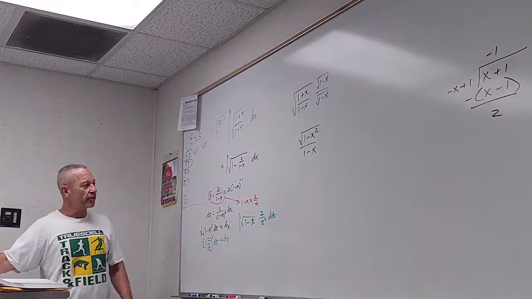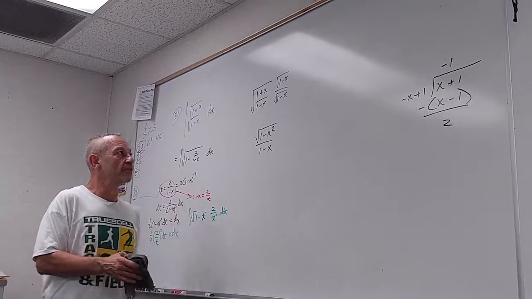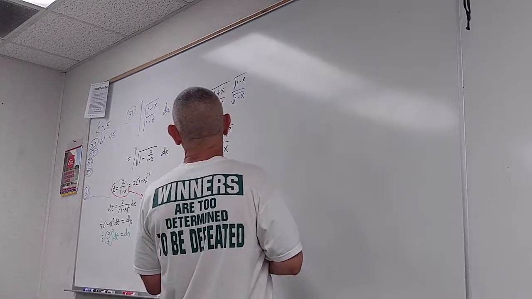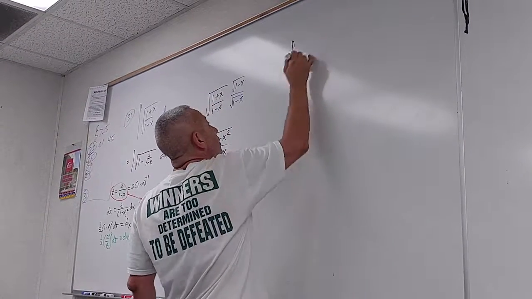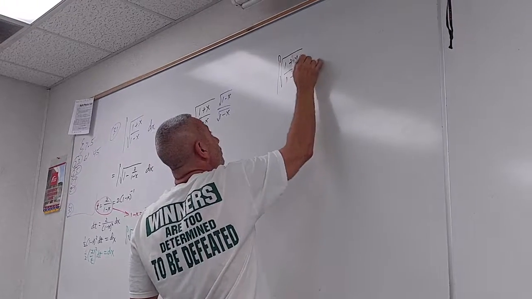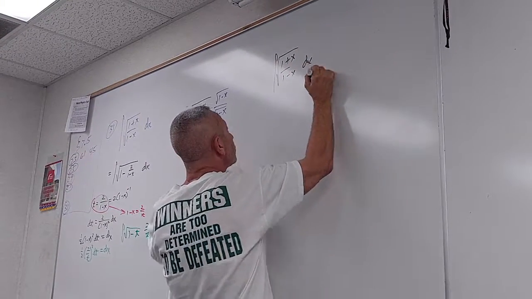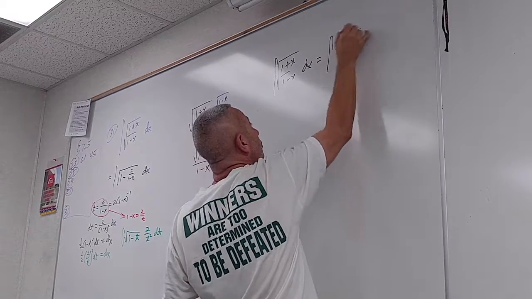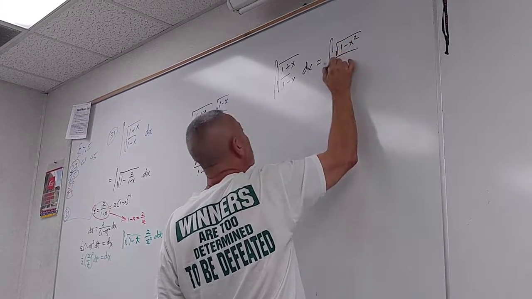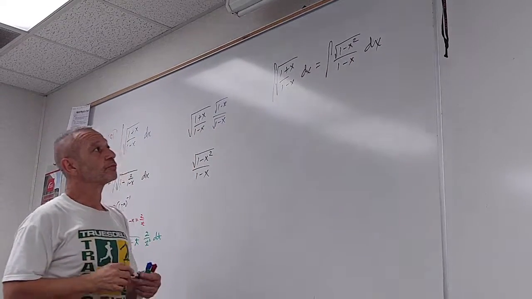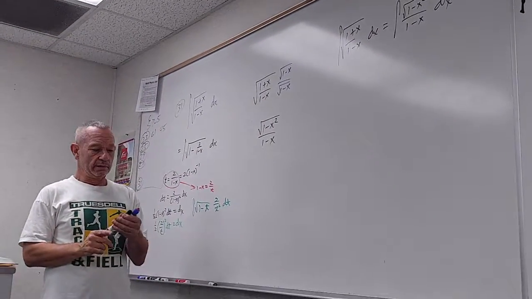So let's go back with this over here. This looks like the most promising of them all. The integral of square root of (1 plus x) over (1 minus x) dx. By pulling this trick, we are going to rewrite it as the integral of square root of (1 minus x squared) over (1 minus x) dx. Okay, now what?